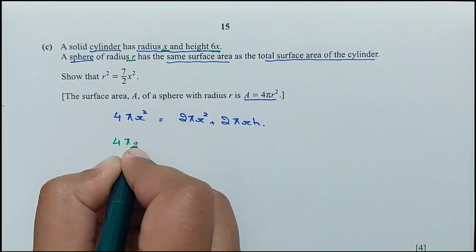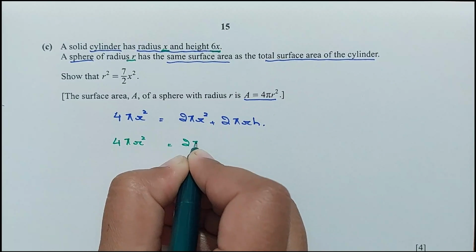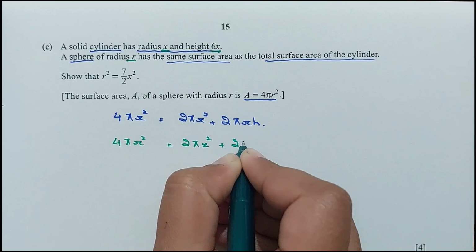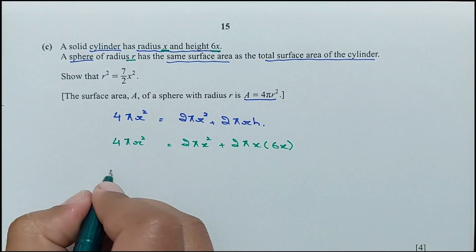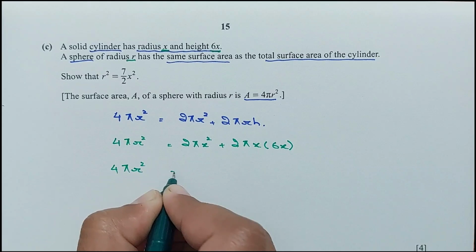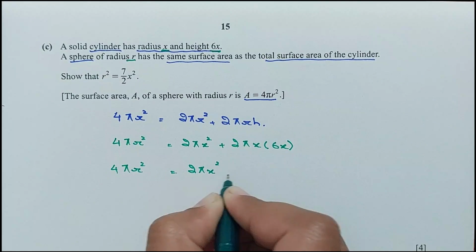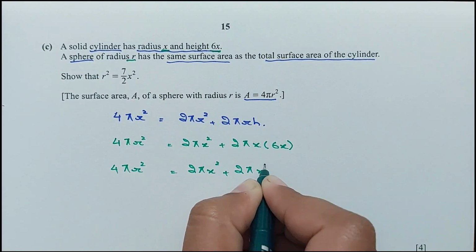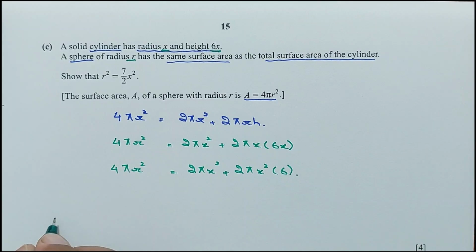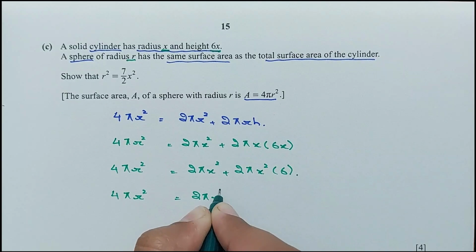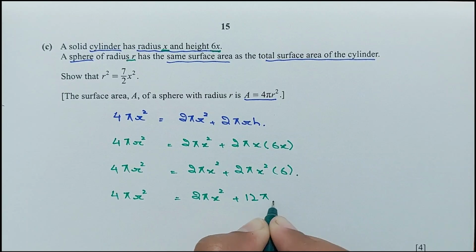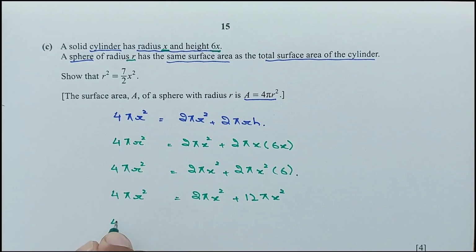So 4 pi r squared equals 2 pi x squared plus 2 pi x times 6x, which is 2 pi x squared plus 12 pi x squared, so 14 pi x squared.